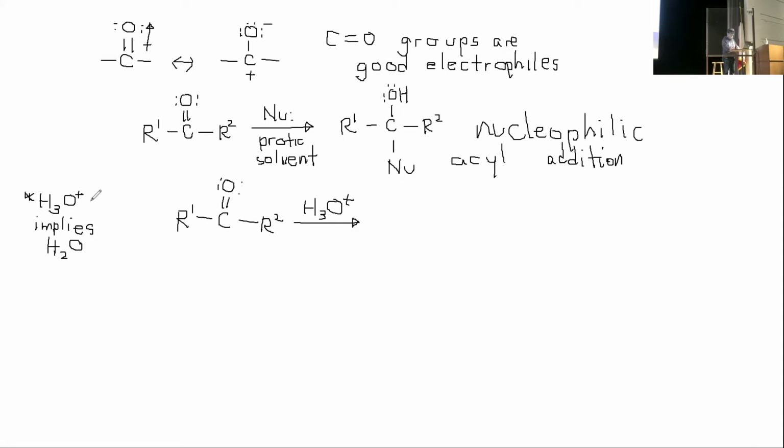Now that being said, sometimes in OWL you'll notice they write H3O+, comma, H2O. Maybe I'm splitting hairs here, but I'm not a fan of that. To me, that looks redundant, because if you say that we've got H3O+, you can't have a bottle of H3O+ ions. It's just not possible. What it means is that you have a dilute aqueous acid solution. So if you ever see H3O+ mentioned, and certainly you can take it this way in my exams, that implies that H2O is also there.